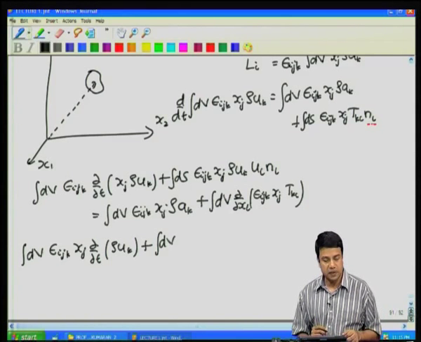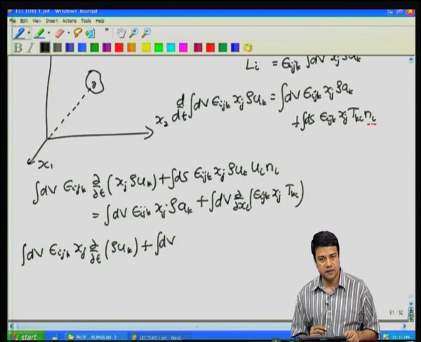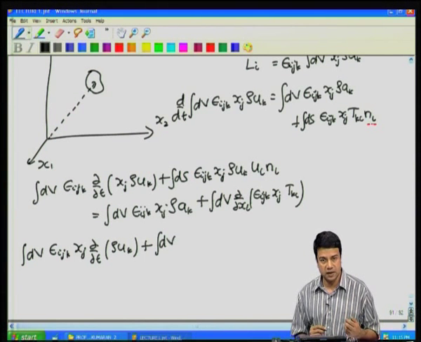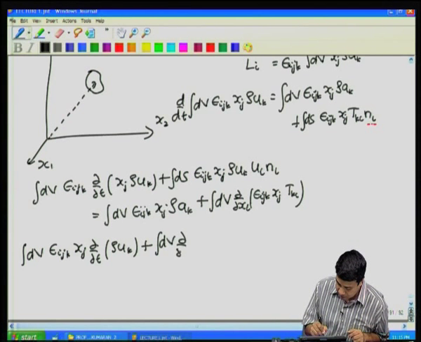Convert the surface integral to a volume integral using the divergence theorem. In this case, the unit normal has index n, and therefore, my divergence also should have index n. So, I should get partial by partial x l of x j rho u k u l.